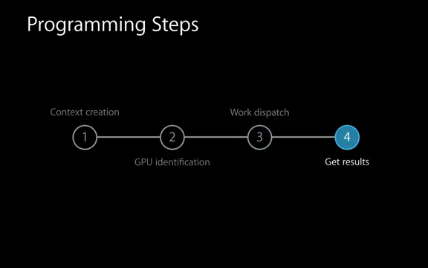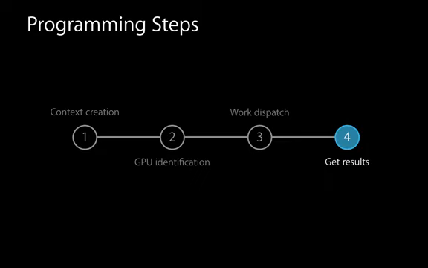Okay, now that I've created a context that has two GPUs in it, identified the primary GPU and the secondary GPU, and dispatched work using a virtual screen or a CL command queue, the last step is to get results, or to get the data off the GPU that I've selected and to use it in my application. Of course, in an OpenGL application, the results might be displayed on the primary GPU.